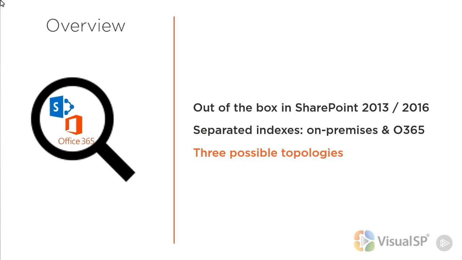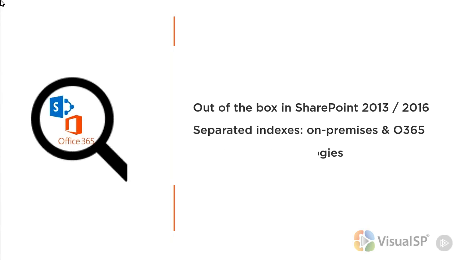And I know when we talk about topologies, we think about the IT Pro, how do we configure it? I'll try to keep it as business level as possible, but I think it's important for you to see what are the different ways we can configure hybrid federated search. So let's take a look at how the architecture works from a 10,000 feet view level.